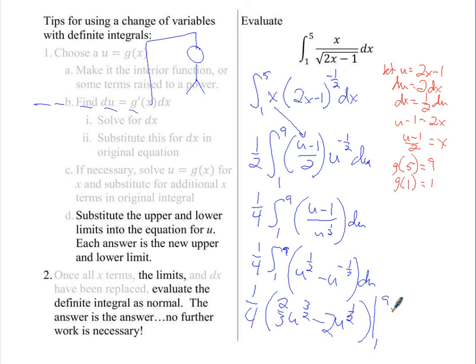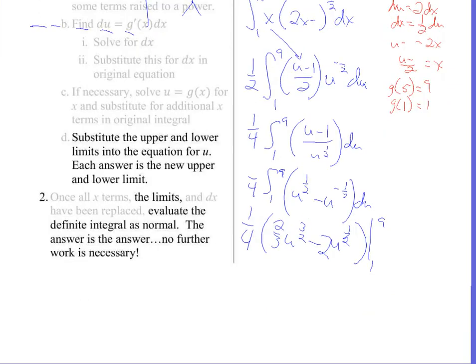So would you like to back substitute here and deal with your original limits, or would you rather use this and your new limits? Personally, I'd rather use what we have sitting right here. It's less work. We already did all of the hard work.